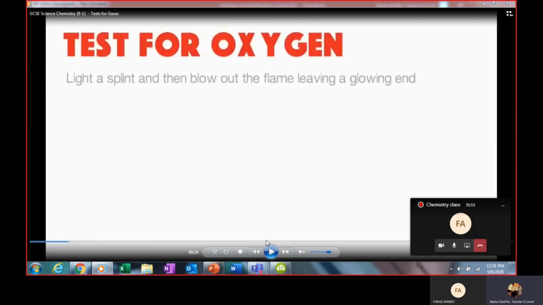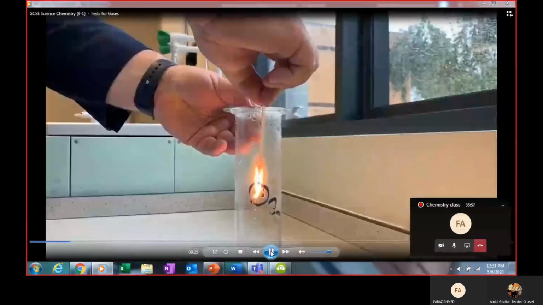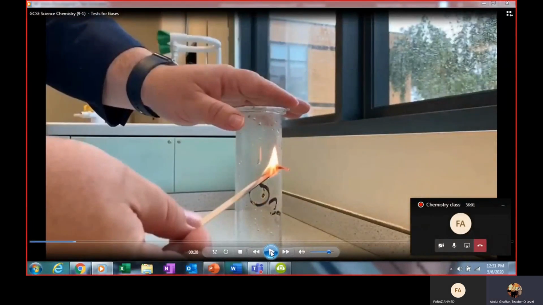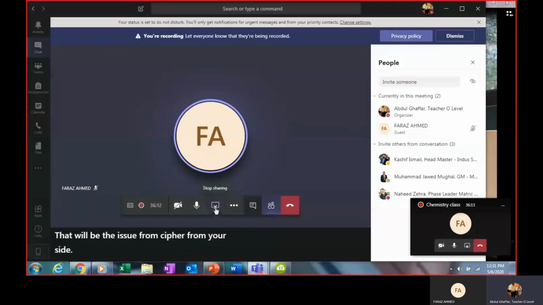But this is the net problem from your side. Is it okay now? No, sir. That will be the issue from your side, Faraz. Again, I'm sharing the screen.